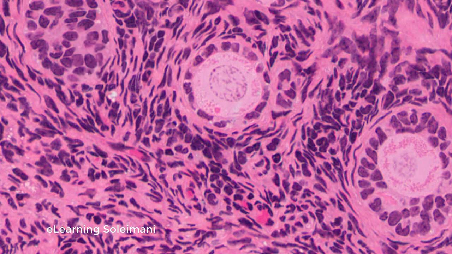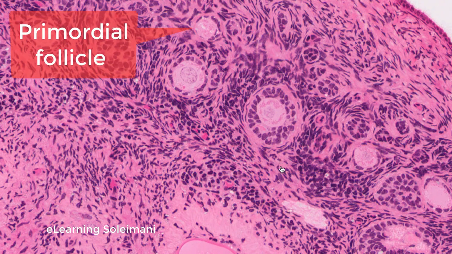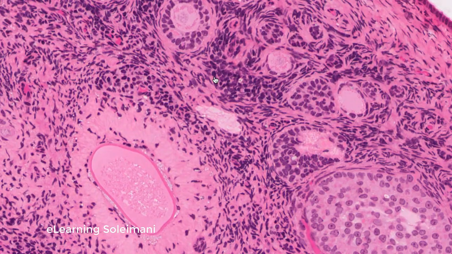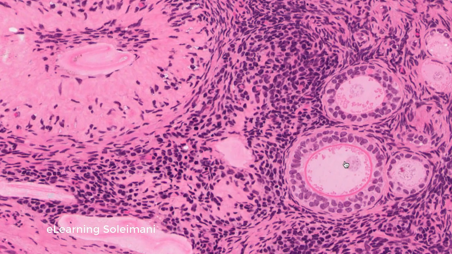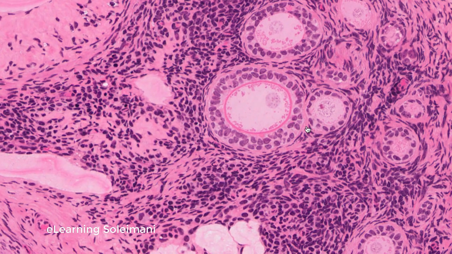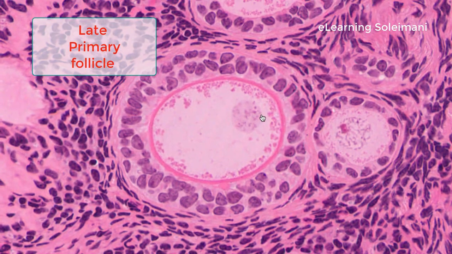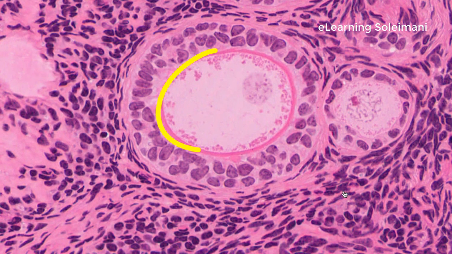With continued development, this lining develops stratified cuboidal epithelium, and the primary oocyte grows. The zona pellucida appears between the oocyte and the granulosa cells, an acellular boundary layer of proteoglycans and glycoproteins.